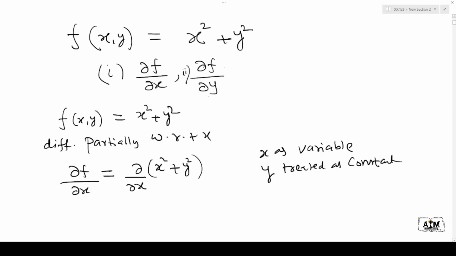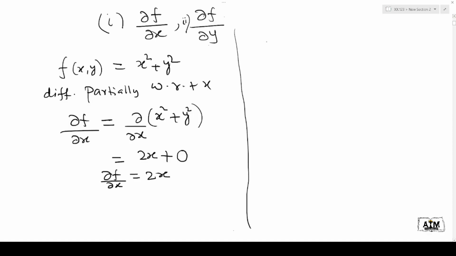So the partial derivative of x square is twice x, whereas the partial derivative of y square with respect to x is 0, because we are treating y square as constant and the derivative of a constant is 0. Therefore, the result of dou f by dou x, that is the partial derivative of f with respect to x, equals 2x.